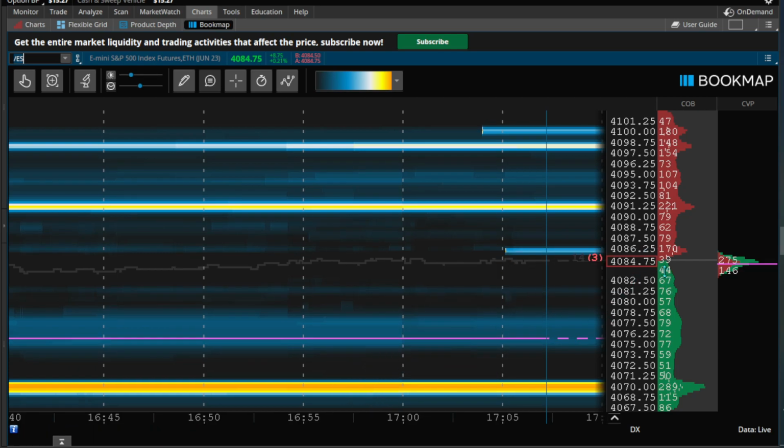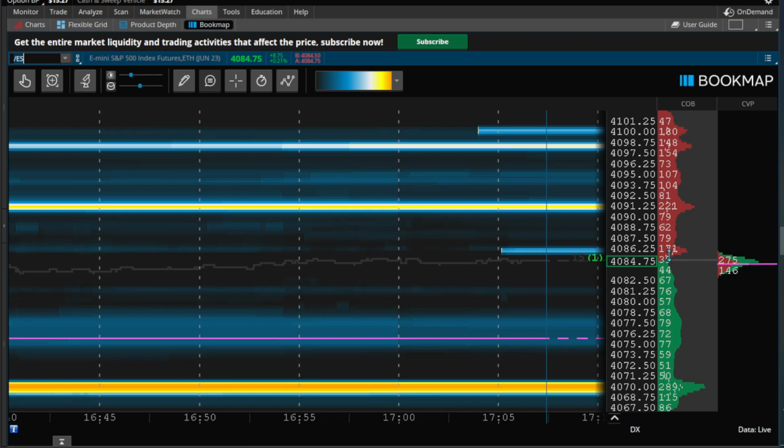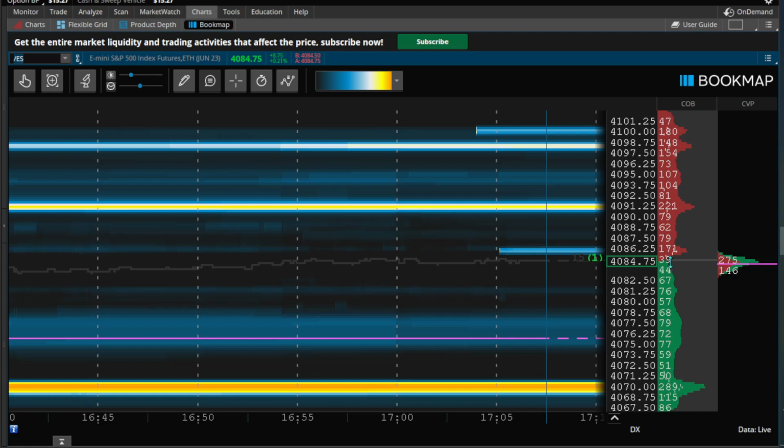Now, this area right there is where price action is currently at. At this point in time, contracts are getting absorbed both on the buy side and the sell side. There are people trying to get rid of contracts up here, and below that, people are trying to buy contracts. Red is the people who are trying to sell, green is the people who are trying to buy.